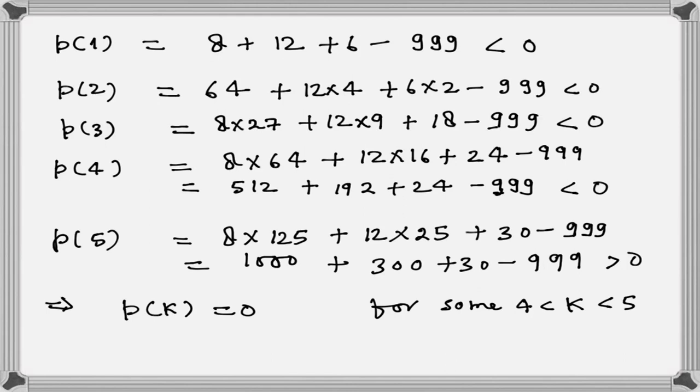Okay, so this means what? Because this implies k, which is the largest integer less than or equal to k, will be nothing but 4, because there is a 0 which lies between 4 and 5. Okay, so this is the final answer.